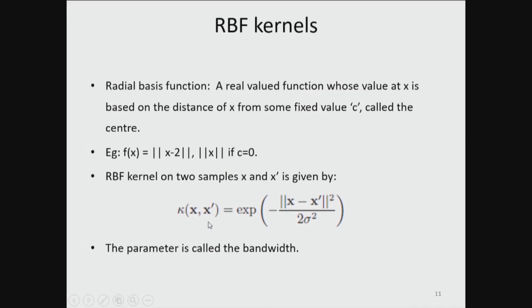Then the radial basis function based on these arguments is given by k of x, x dash equals e raised to minus norm x minus x dash squared divided by 2 sigma squared. We know what the norm of x minus x dash is. Then we divide that distance by 2 sigma squared, where sigma squared is the variance of the distribution from where the arguments x and x dash have been taken.